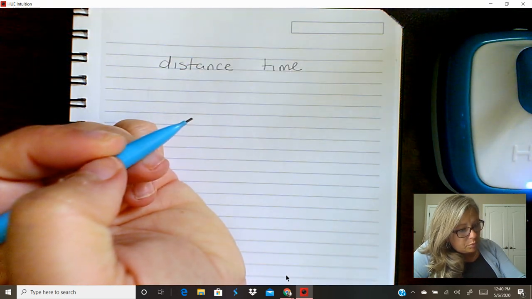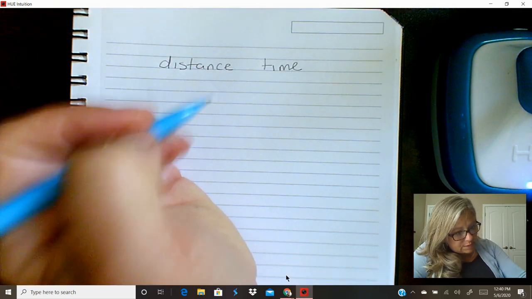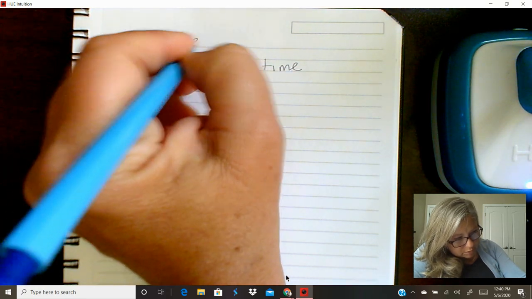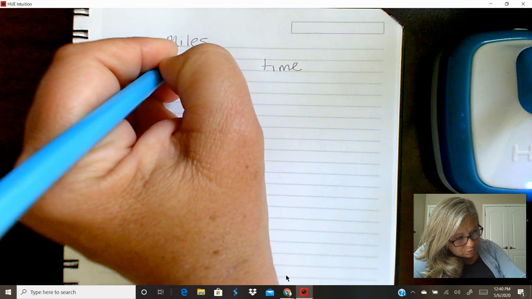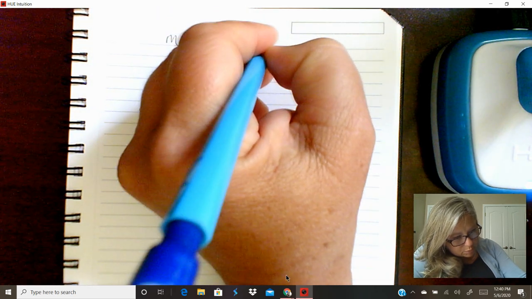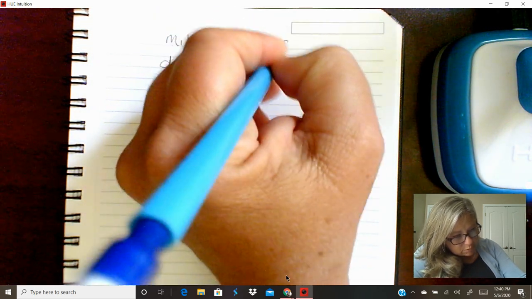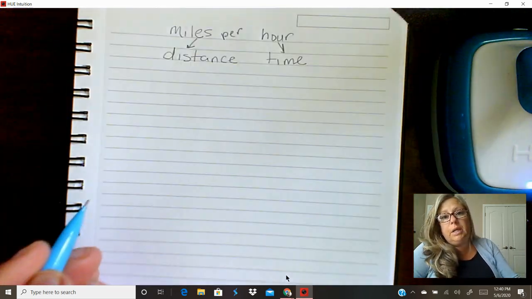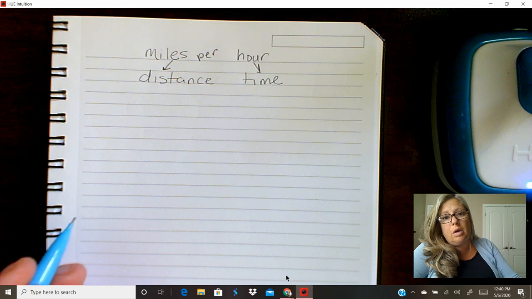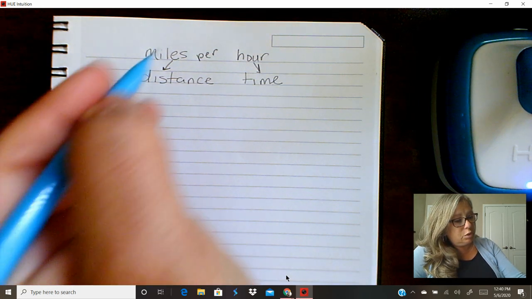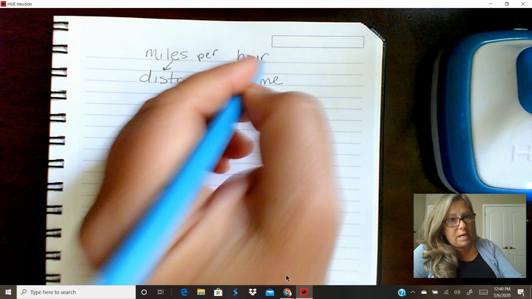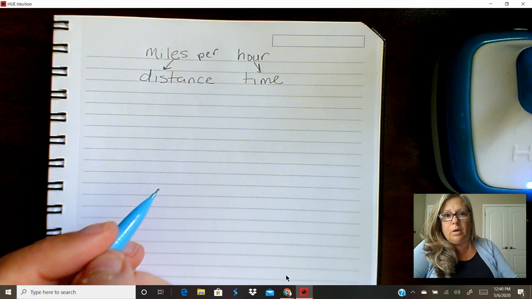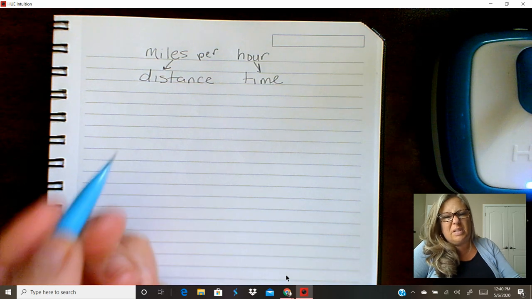When you're looking at a speed limit sign, it already has in your mind, or sometimes written on there, miles, which is a unit of distance, per hour, which is a unit of time. That "per" part just means the number of miles that you travel in an hour. So "per" is a way of comparing, or really saying "in."